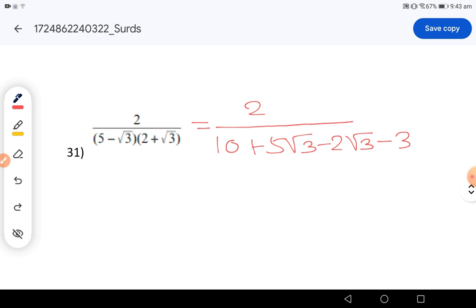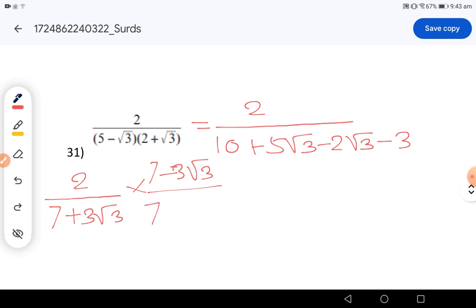So we got 2 by 10 minus 3 is 7. 5 minus 2 is 3. So plus 3 root 3. Now rationalize 7 minus 3 root 3 by 7 minus 3 root 3.